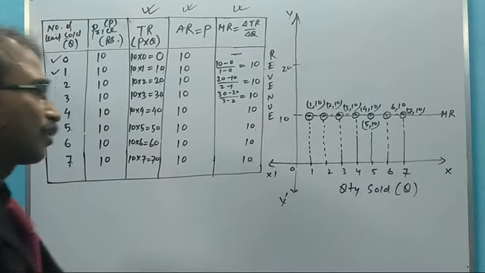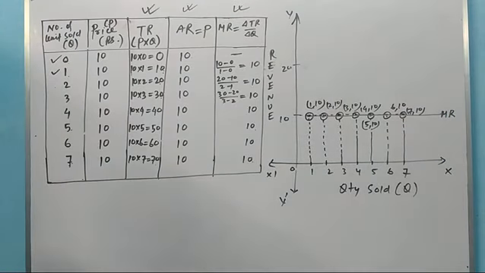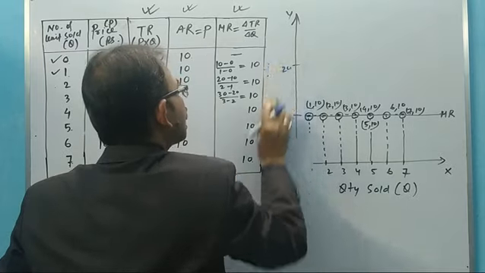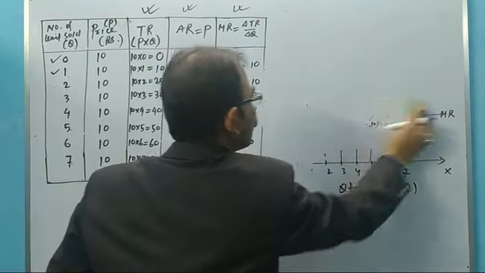So the MR curve also, like the AR curve, is parallel to the horizontal axis. Clear to all of you? Now if I draw TR, AR and MR in a single diagram, the curves will be like this.